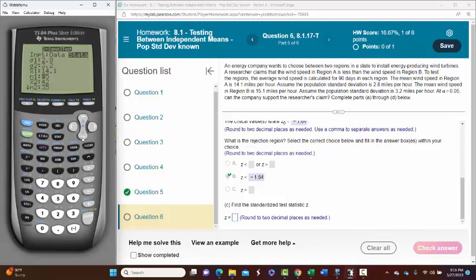It says 90 days in each region, so both ends are going to be 90. X2 bar is 15.1, and that n will be 90.